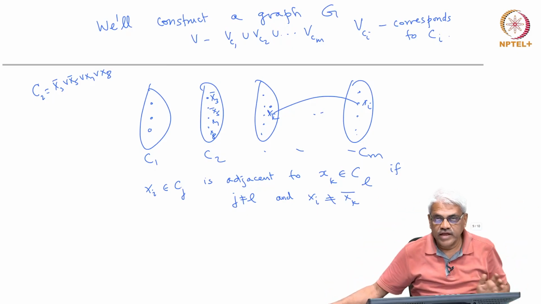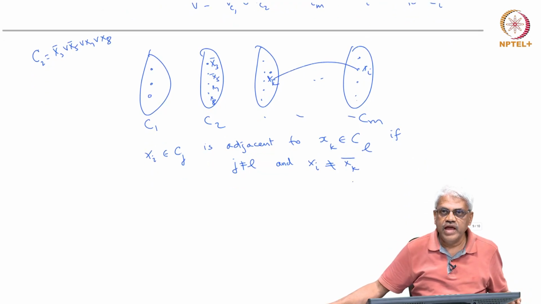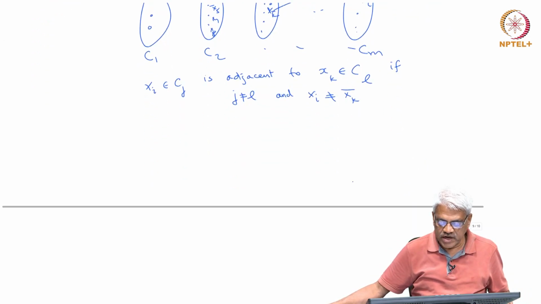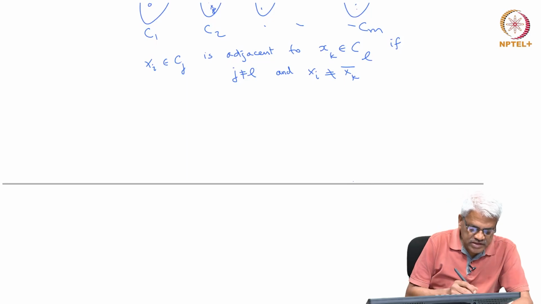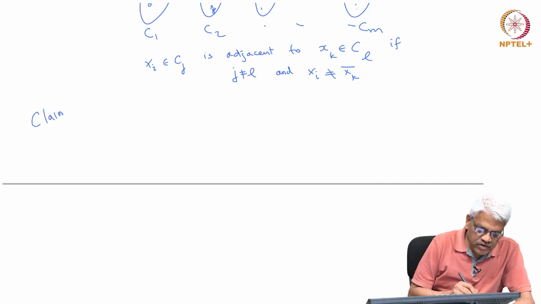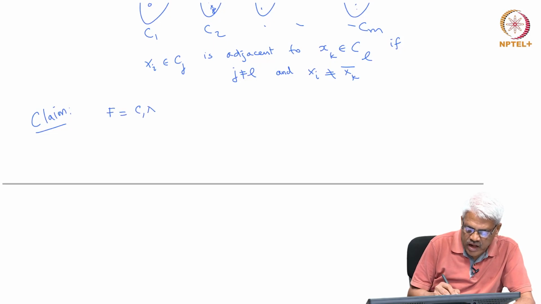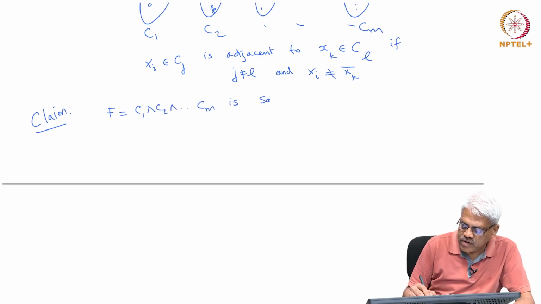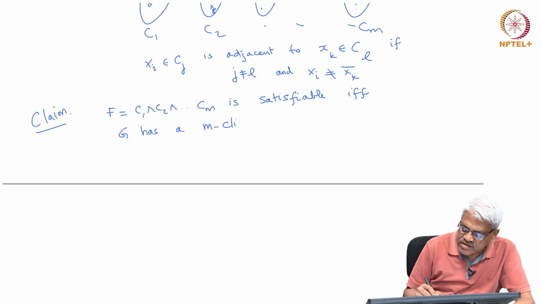Now, I give this graph to my CLIQUE algorithm, which is supposed to find the max clique size. The claim, an interesting claim, is that f, which is C1 and C2 and so on up to Cm, is satisfiable if and only if the graph I have constructed has an m-clique, a clique of size m.